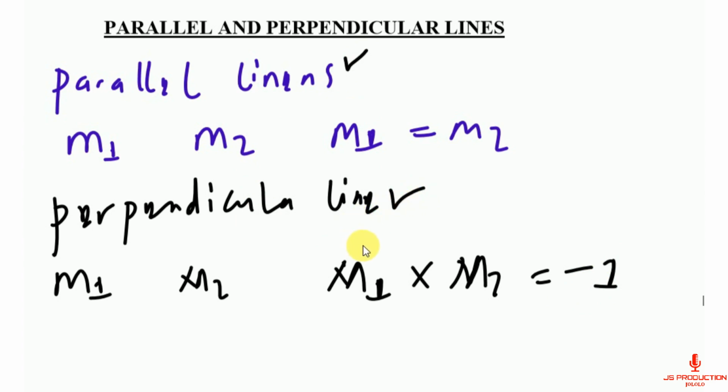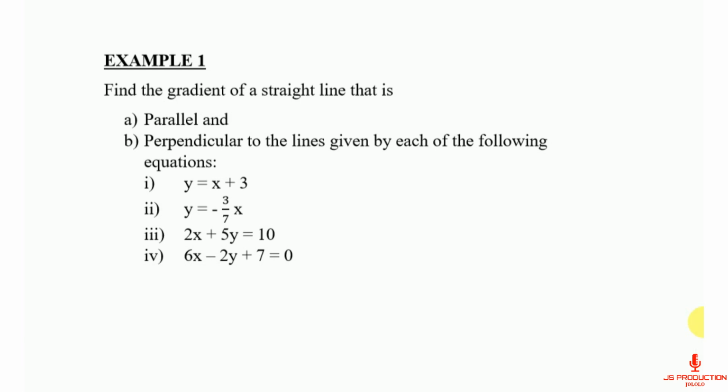Let us look at some of the examples. Example 1 reads: find the gradient of a straight line that is A, parallel, and B, perpendicular to the lines given by each of the following equations.